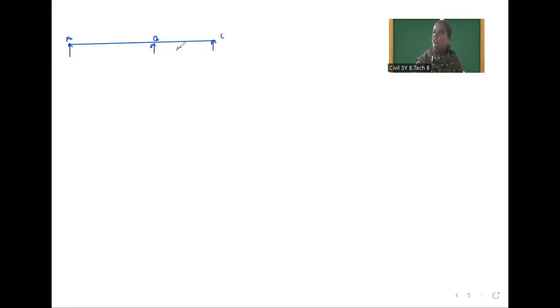This span is 4 meter, and here two hinges are provided. Suppose this is called T. This distance is 2 meter, and here E point. This distance is 2 meter, and this distance is again 2 meter. So we have to draw ILD for RA, RB, RC, then shear force and bending moment.